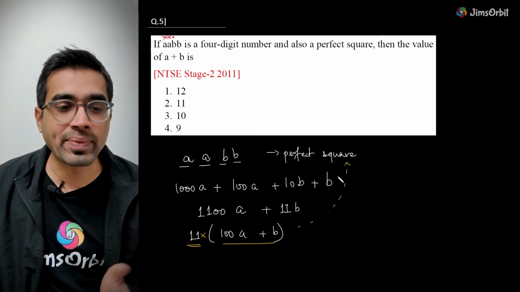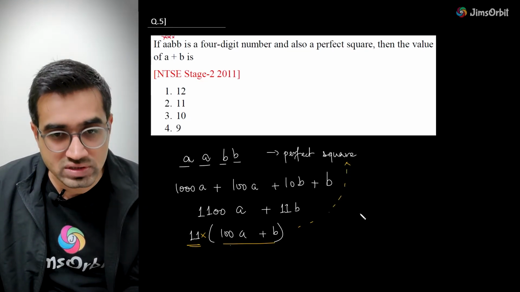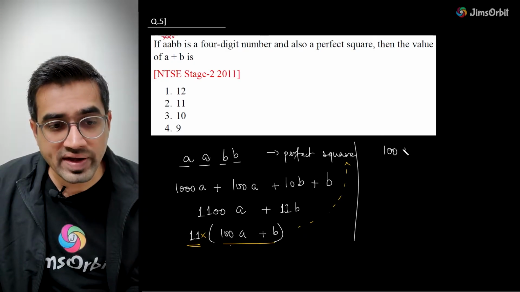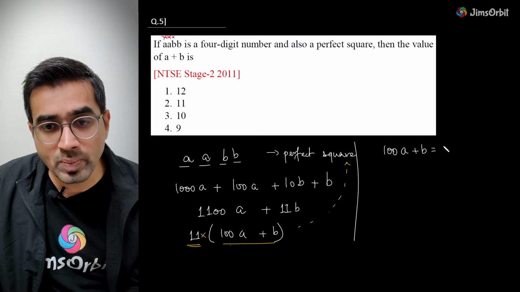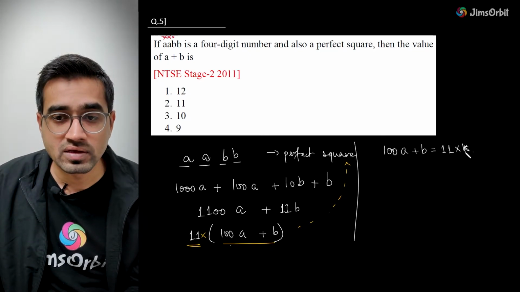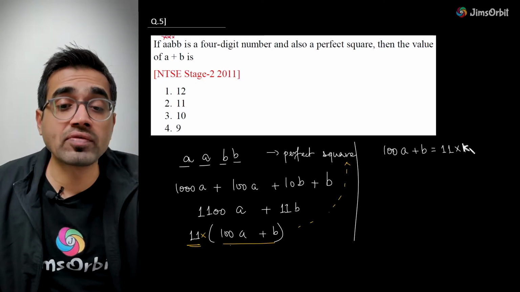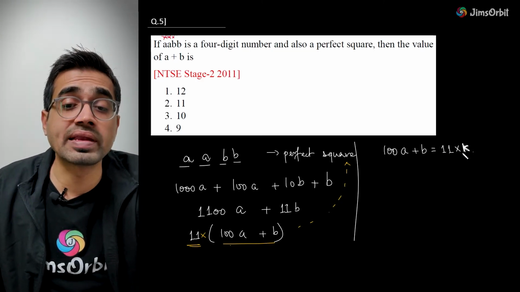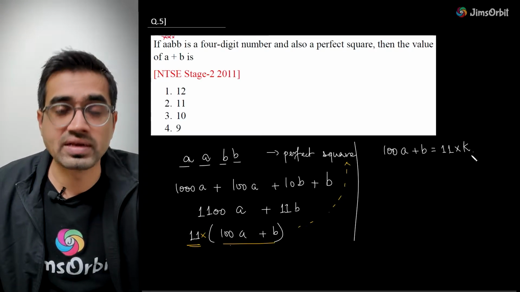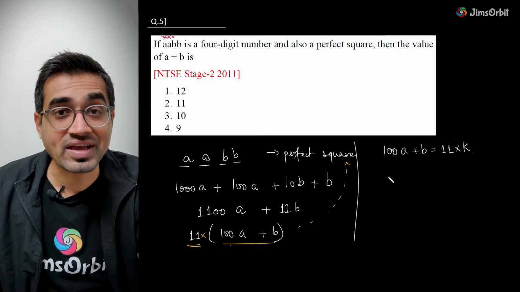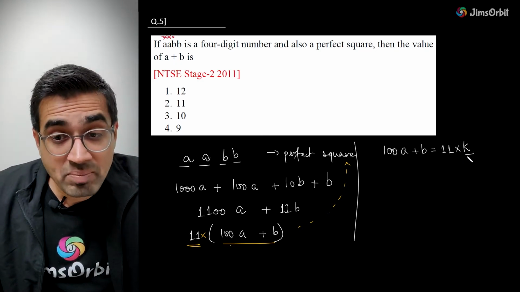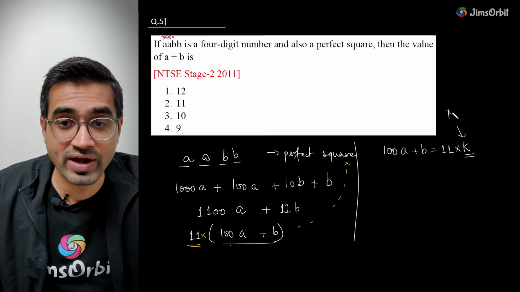It cannot happen unless there is one more 11 in it. So 100A plus B should be 11 times a number. Now this number itself should be a perfect square too.